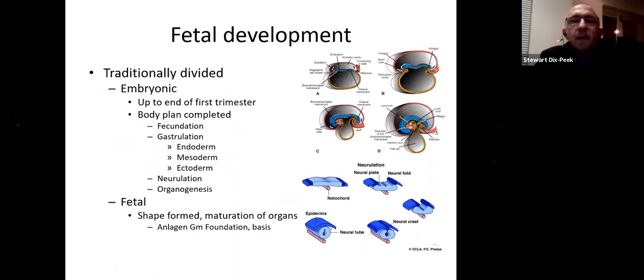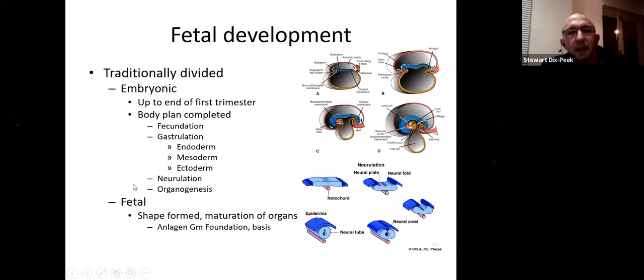And then very briefly, your normal fetal development. For those of the many registrars now having children, bear in mind that embryologically there are really two big time periods. Up until the end of the first trimester is really organogenesis.